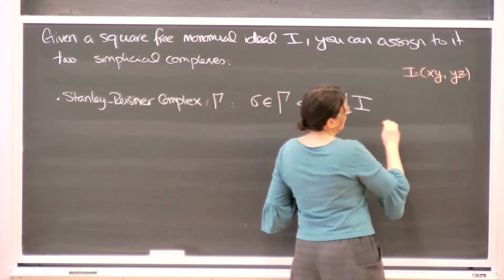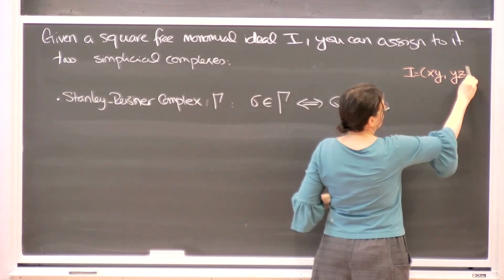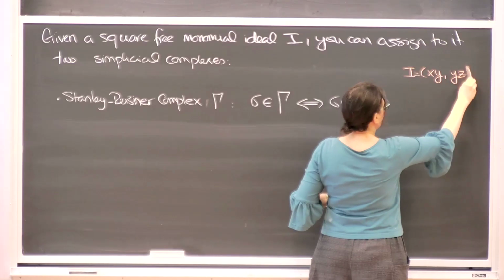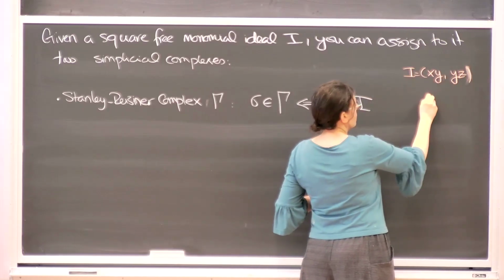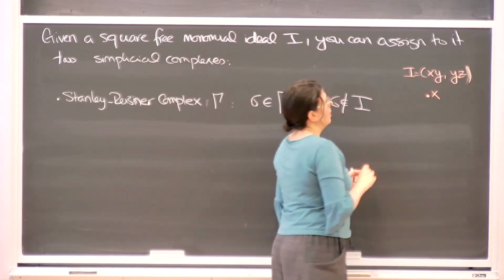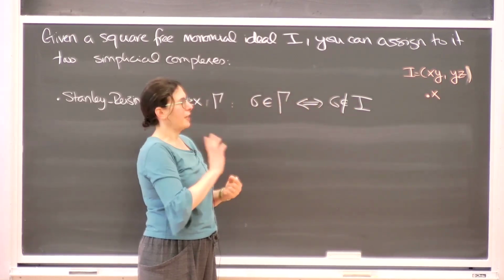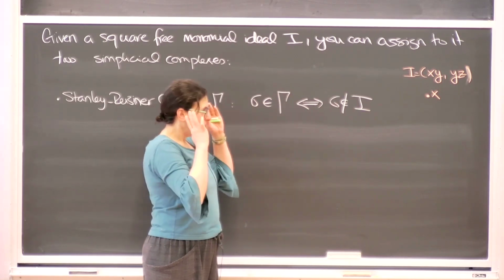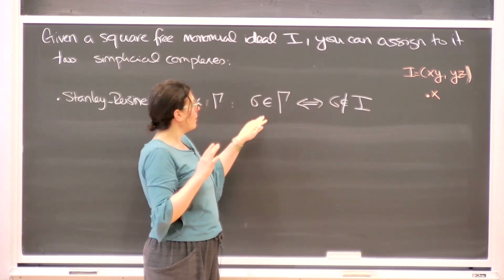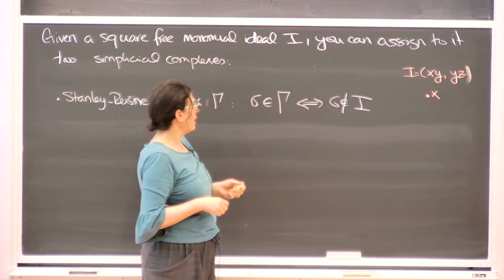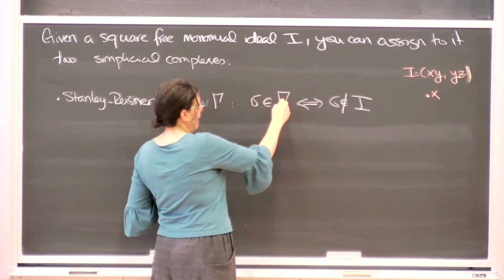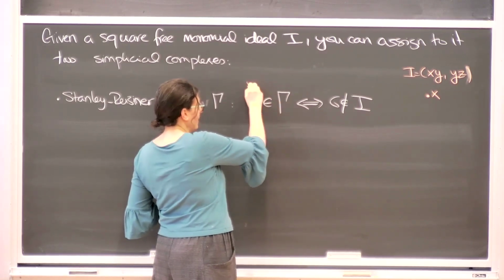I have three vertices. Let me take a step back. Every variable, so first of all, when I say sigma in gamma, here sigma means a set.